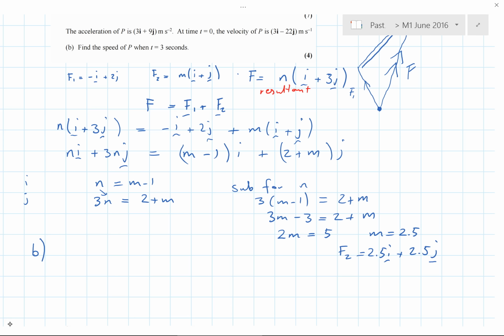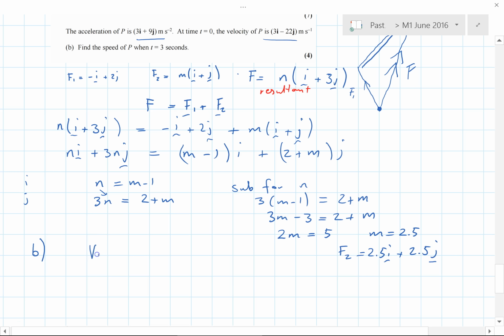The second bit is actually much easier. We've got a constant acceleration and we're using v equals u plus at, because it wants the speed when t equals 3.